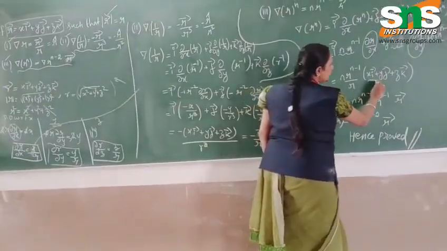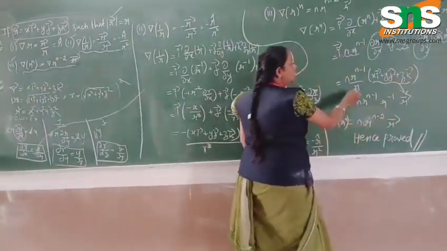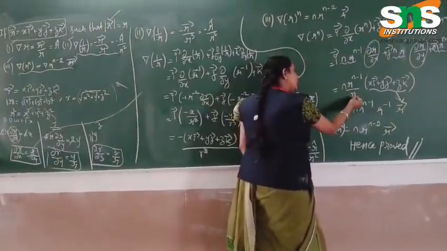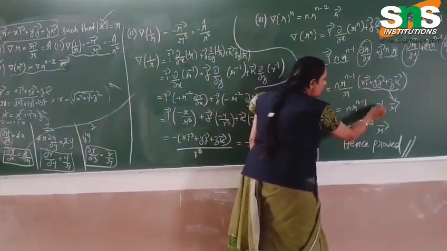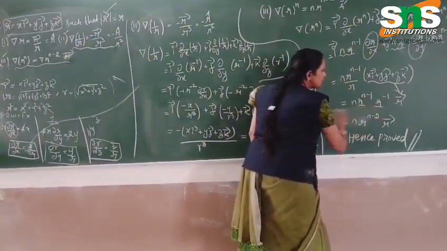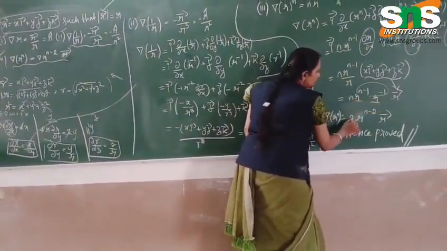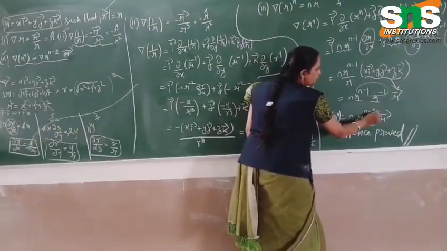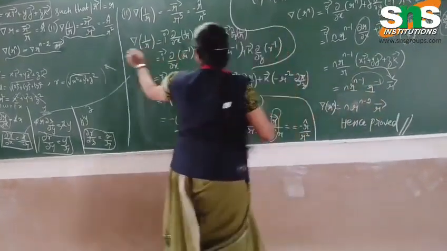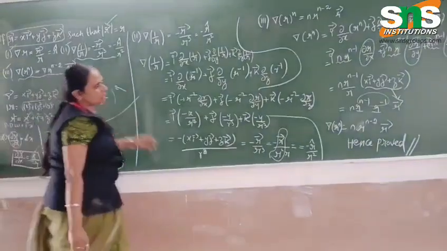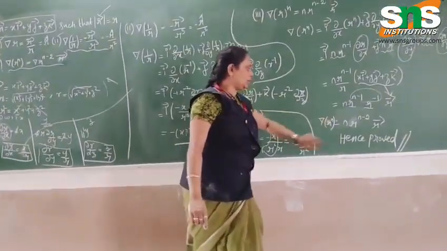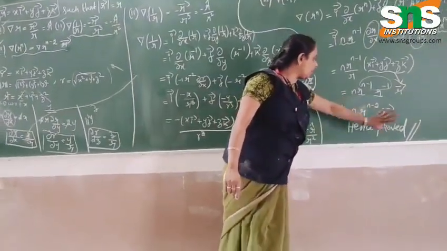So here we replace this with r vector. The denominator r, take it as numerator, so that is r inverse. If the base is the same, we add the powers, that is n into r power n minus 2 r vector. So here see, this is our proof. That is del r power n equals n r power n minus 2 r vector.